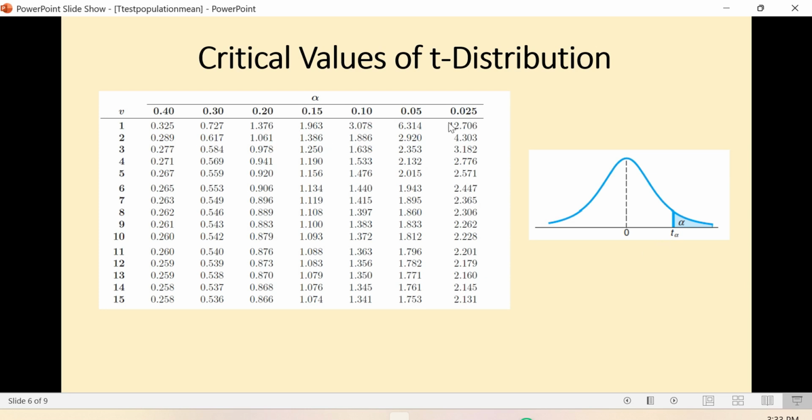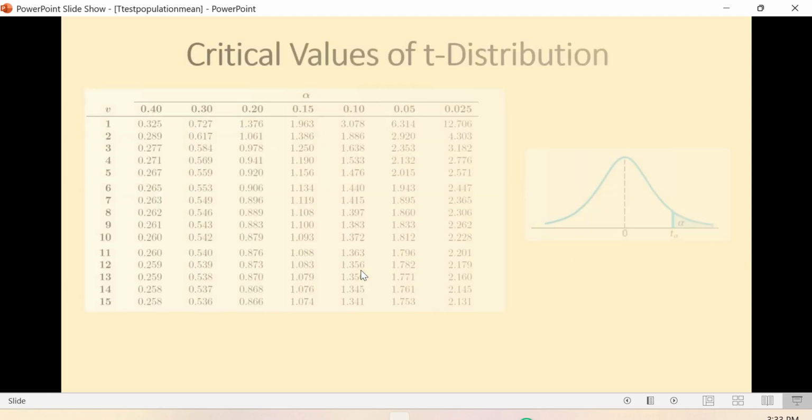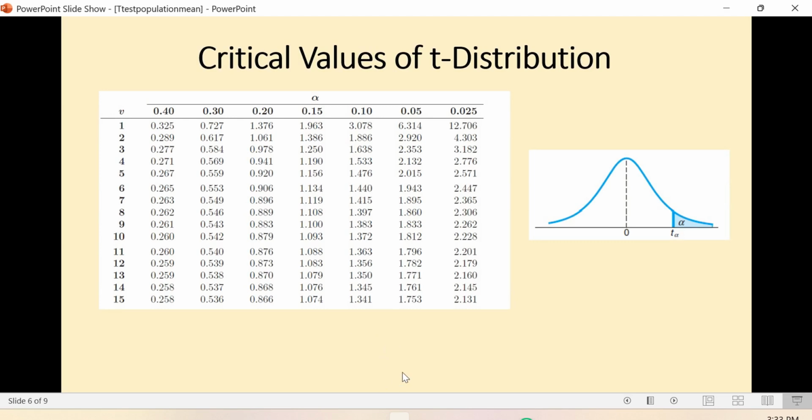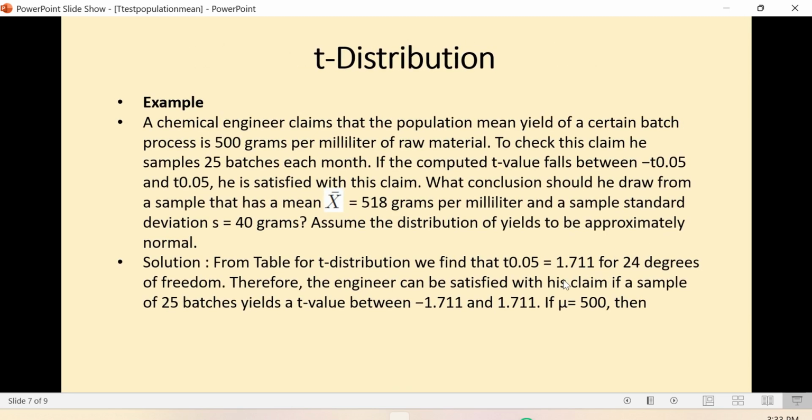Then we find 0.05 and 24 degrees of freedom located here. We find that this value is about 1.711, because we do not show all the degrees of freedom. So 1.711 is the t value for t 0.05 with 24 degrees of freedom.